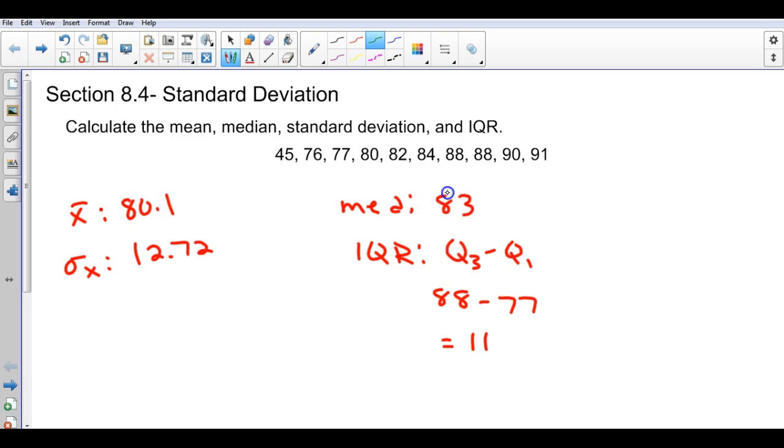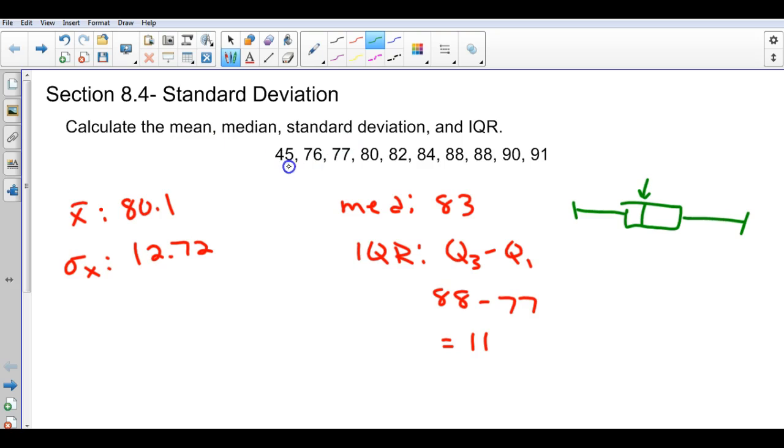For median, if you made the box and whisker plot, your median value would be what's in the middle of the interquartile range here. So your median would be somewhere here, and then again the interquartile range would be from this 88 minus the 77, which indicates that there's 11 units on the inside.